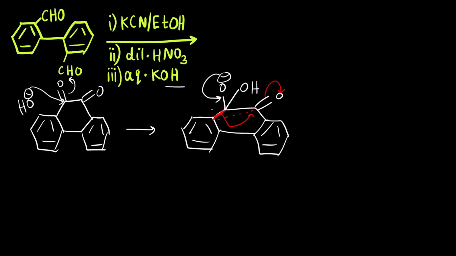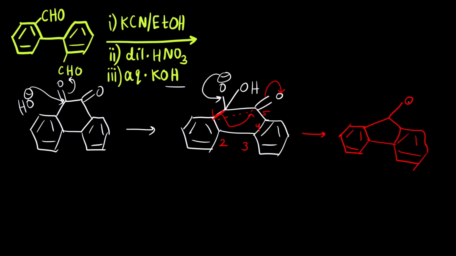So how many membered ring will you get? 1, 2, 3, 4 and 5. So what you will get? This is the benzene ring. This bond got broken, right? So you will get a 5 membered ring.